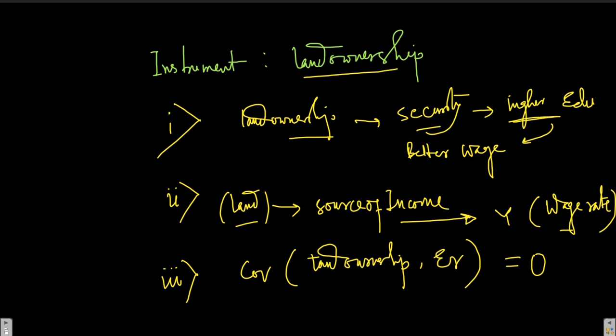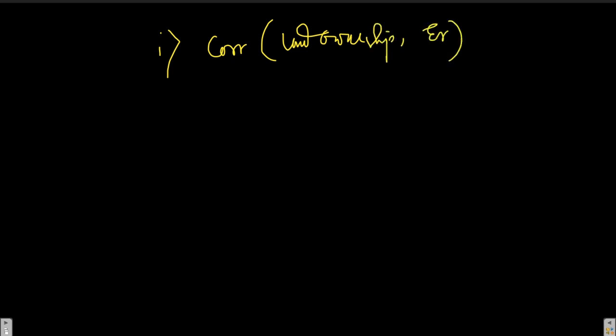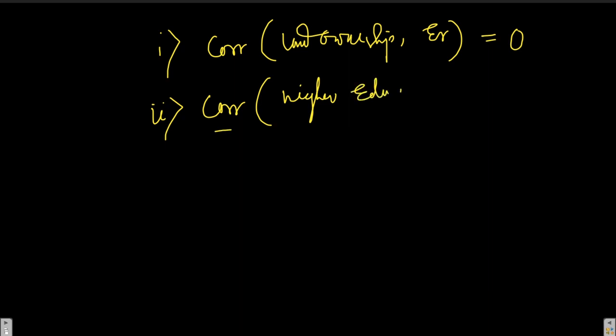So again, let me strategize. First, I am going to see if the correlation between land ownership and the error term is equal to 0. The second condition, I am trying to check if the correlation between higher education and land ownership is good, where I can actually do a regression.